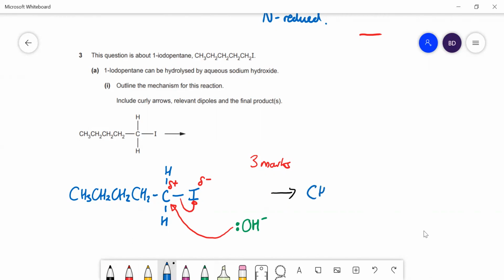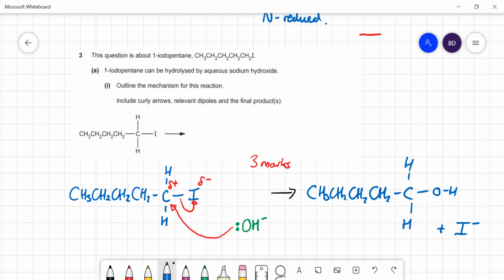So that's going to be CH3, and I'll draw the last carbon displayed, OH is now stuck on, and H. And the iodine is going to come off as I minus, the iodide ion, so include that as well. That is the mechanism there with all the necessary curly arrows, dipoles and products shown.